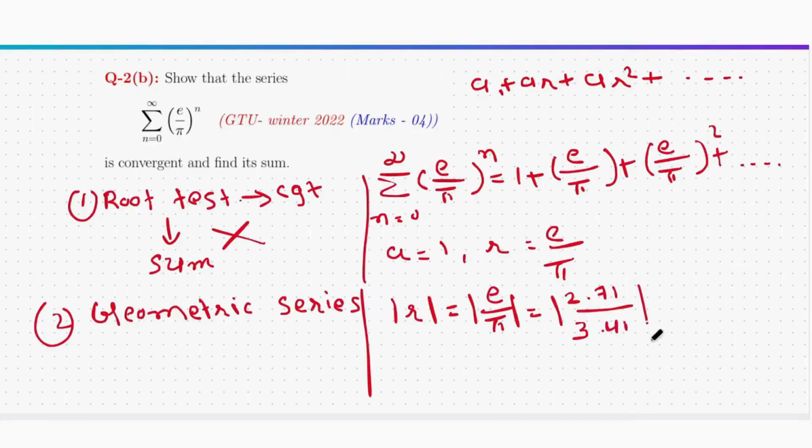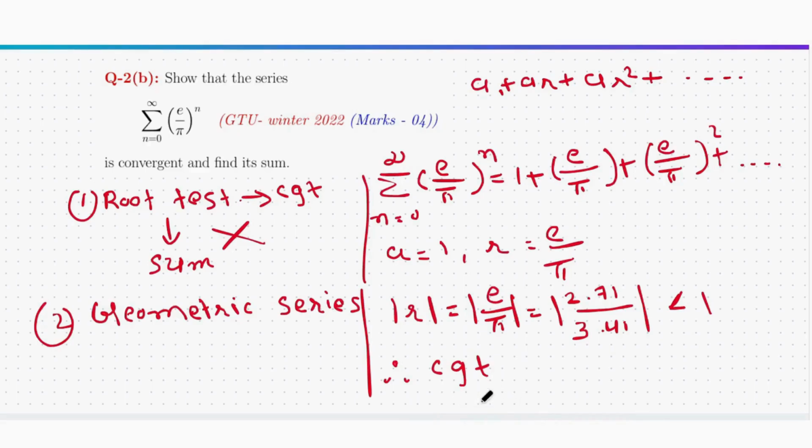So now here the denominator is greater than the numerator, so obviously this quantity is less than 1. So here we get mod r is less than 1. Therefore, the given series is a convergent series.